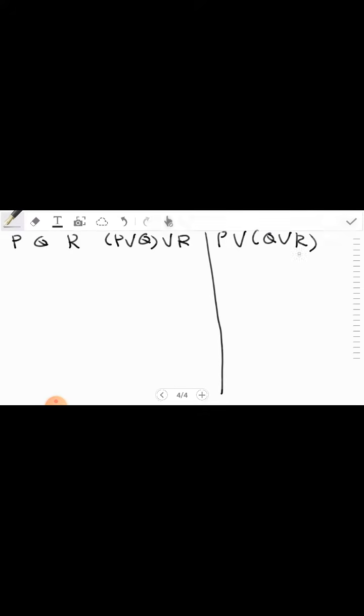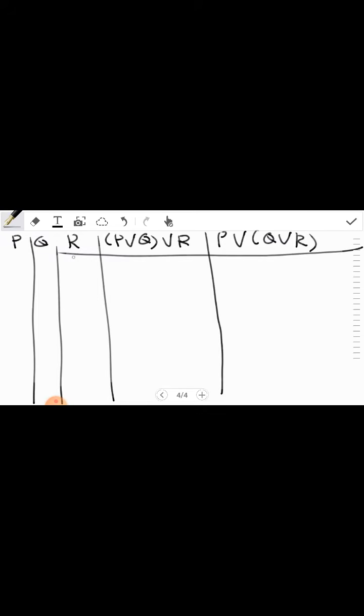So we have P, Q, R. If we want to prove letter A, we want P or Q or R, and the other one is P or Q or R. So we can do this directly. So we have 1, 1, 1, 1, 0, 0, 0, 0, 1, 1, 0, 0, 1, 1, 0, 0.